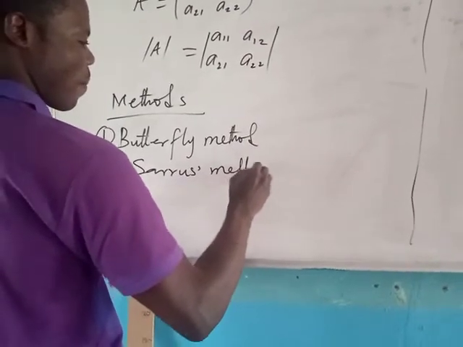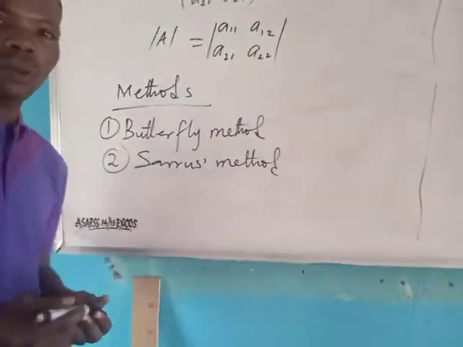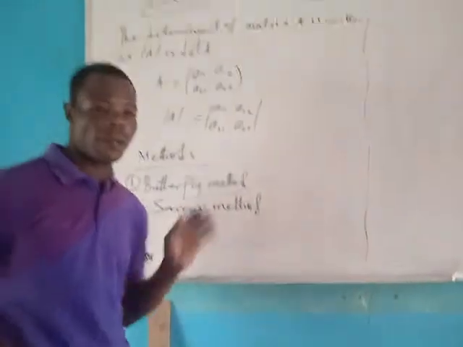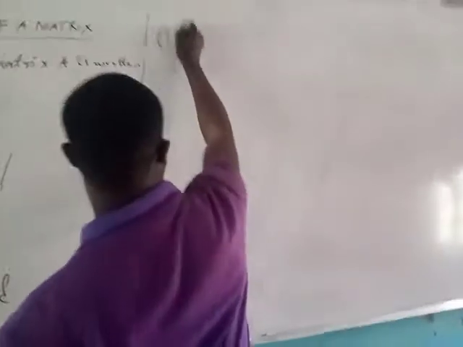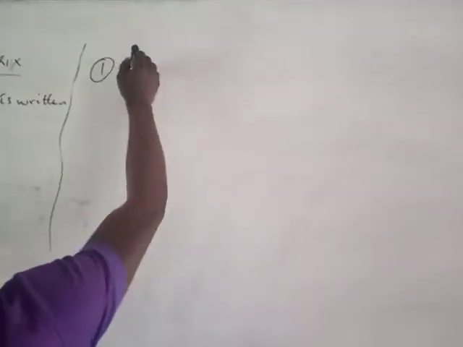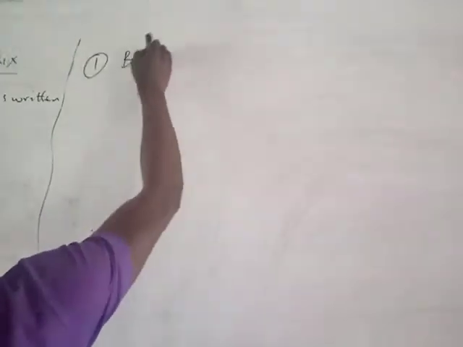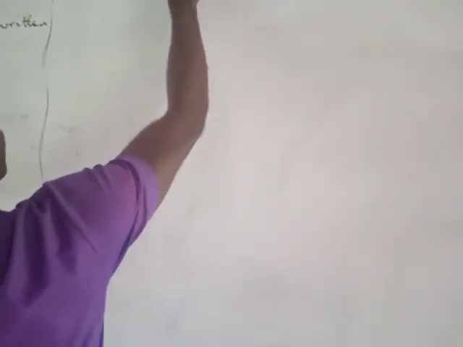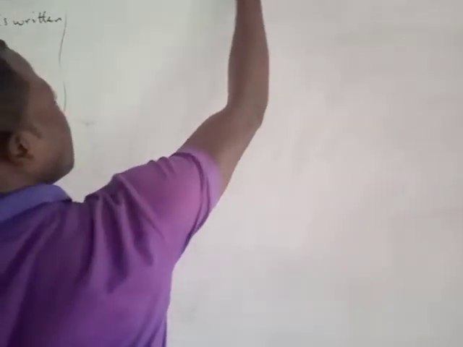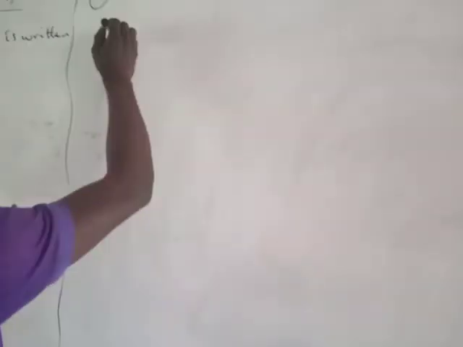Okay, so these are the two methods we want to consider in this matrix. So let's look at number one, which is the butterfly method.